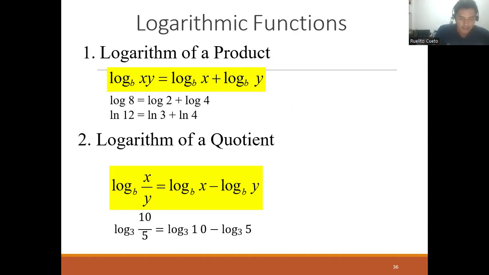Another example, if you have log of, let's say, 2 times 5, that is equal to log of 2 plus log of 5.